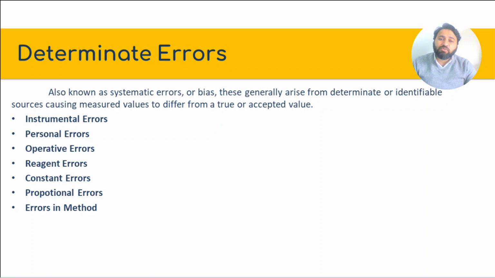Just like instrumental errors. Before we start working on an instrument, the instrument must be calibrated. If the instrument is not working properly, analysts obviously know that the instrument is not calibrated, and that there are chances of getting errors in the result.